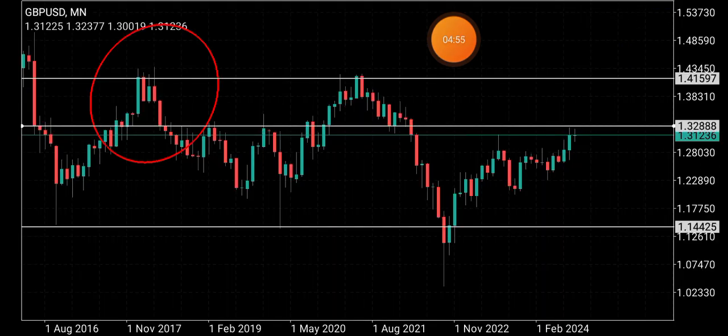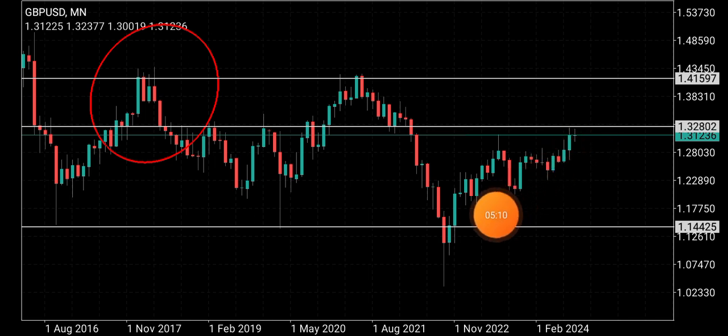Let me mark out this zone here. You get me? Because if you look at it very well, you see that price has been going down, coming up, going down, coming up, and then finally broke out. But if you see what market has done so far since November 2022 till date, price has been trying to go back to this particular zone, which is 1.32802.